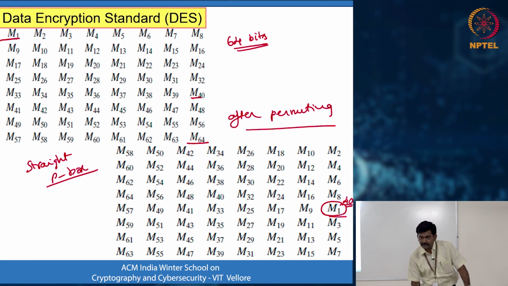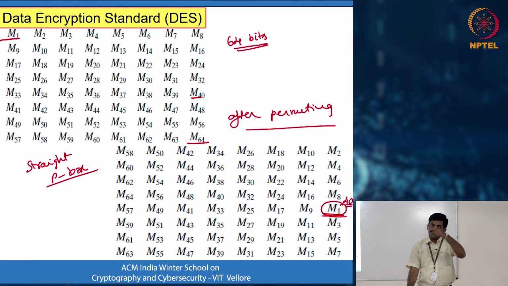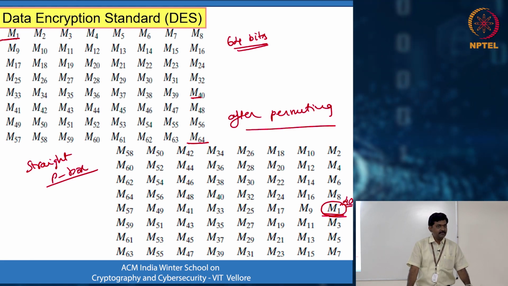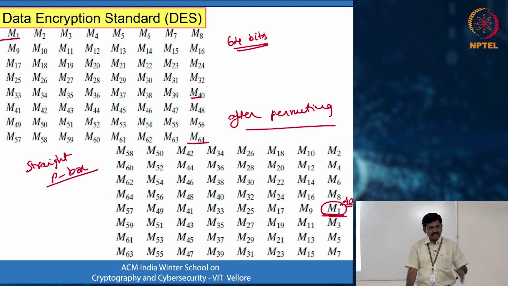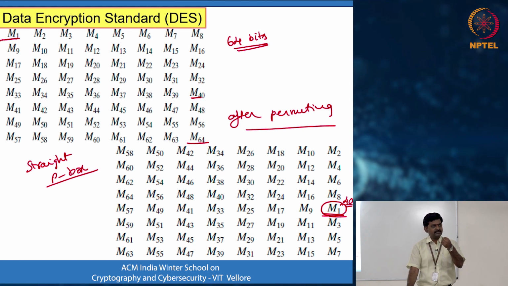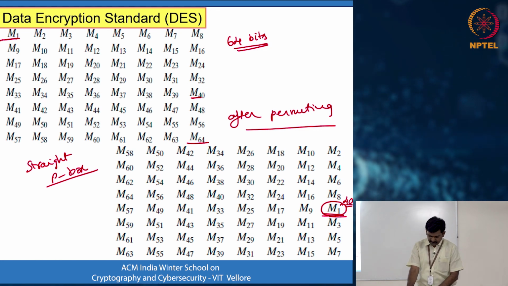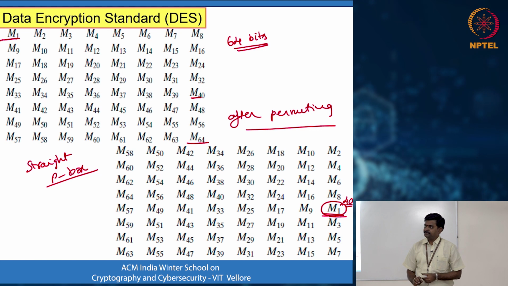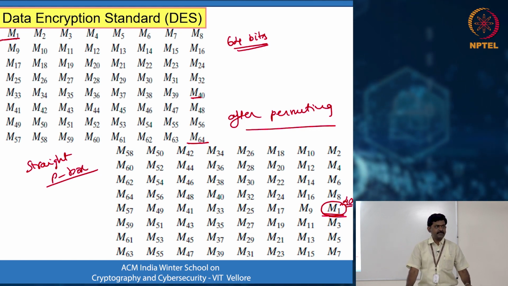Your 40th bit would be the first bit, because your first bit went to the 40th location during the initial permutation. So the inverse permutation brings the 40th bit to the first location. That is how it gets done. This is a straightforward P box operation to perform the initial permutation.